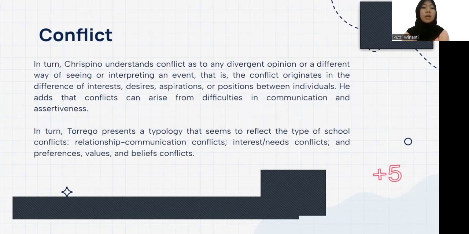In turn, Crispino understands conflict as any divergent opinion or a different way of seeing or interpreting an event. That is, the conflict originates in a difference of interests, desires, aspirations, or positions between individuals. He adds, a conflict can arise from difficulties in communication and assertiveness.